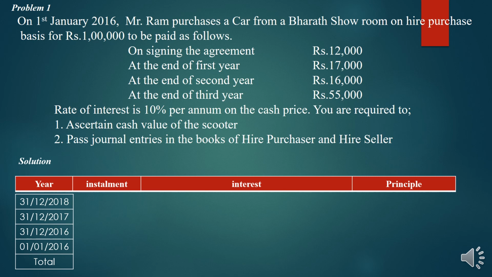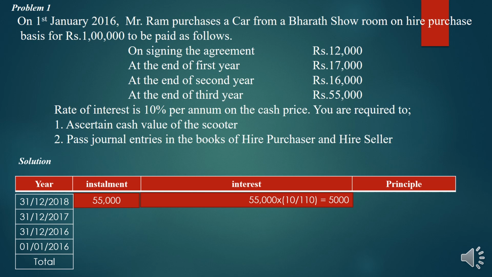Let us take up the installment of 31st 12 2018. It is 55,000, and on that you have to calculate the interest. The formula to calculate interest on installment is the installment amount of that particular year multiplied by 10% rate of interest divided by 100 plus 10%, that is 110. So this comes to 5,000.